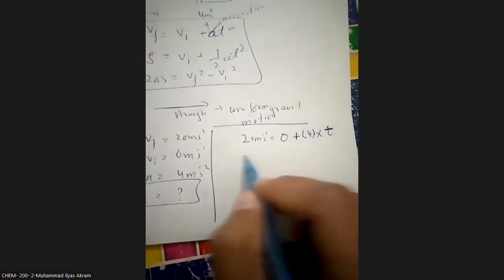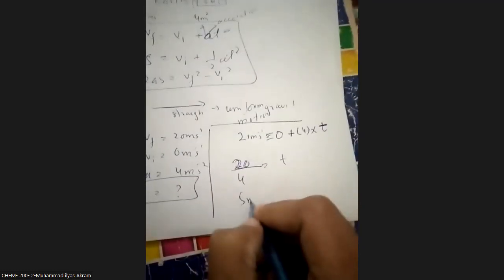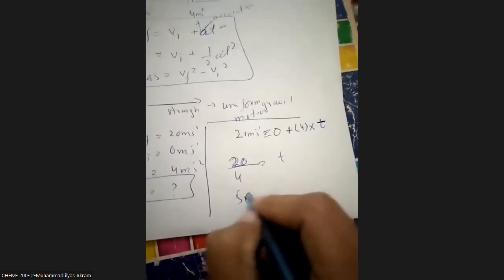So this 4 is multiplying with t, and when we move it down here, it will come in the denominator, and the answer will be 5 seconds.